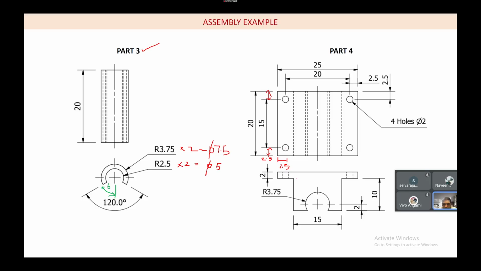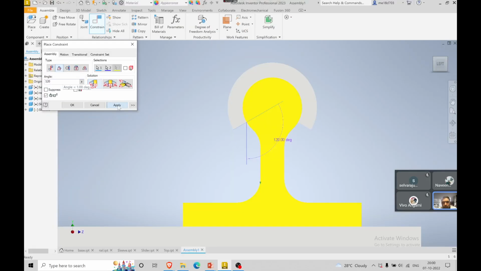So now again I have to do the rotation. This is the second angle. This angle, directed angle, we have to select. This edge, 120. Yes, do the apply. Again degree of freedom analysis, all are okay.